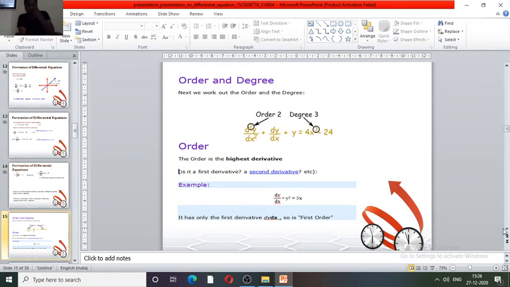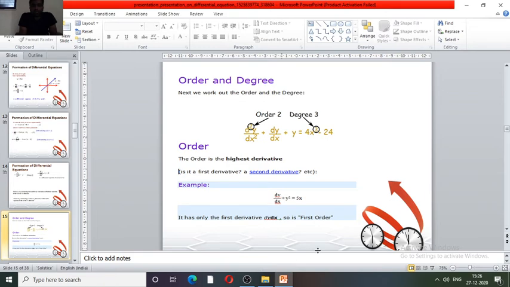So if we are discussing some basic things based on polynomials, we already know that a polynomial always has a non-negative degree.